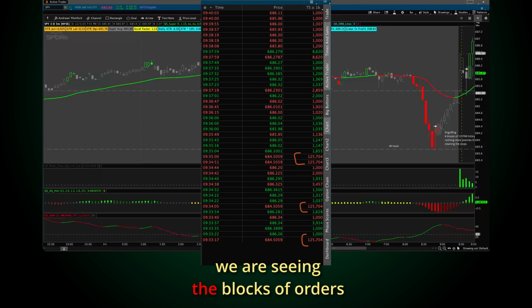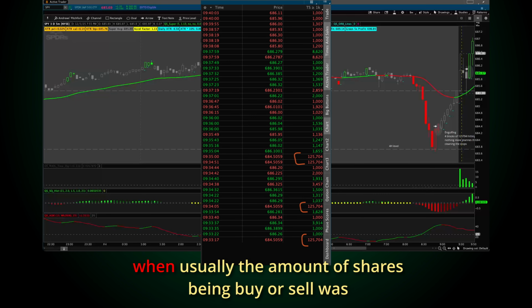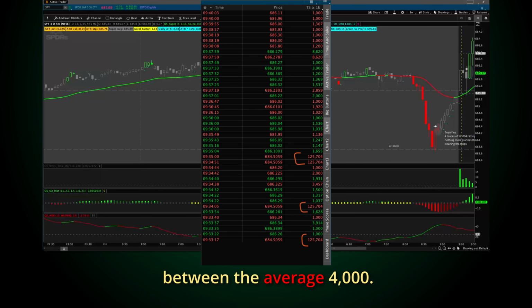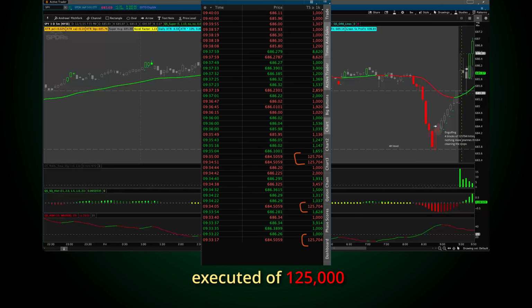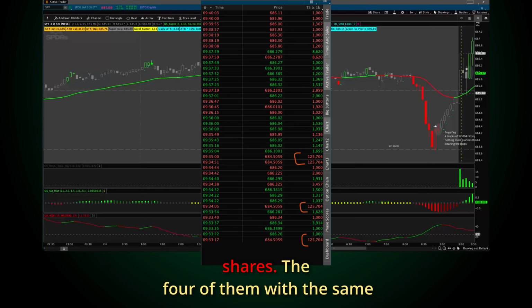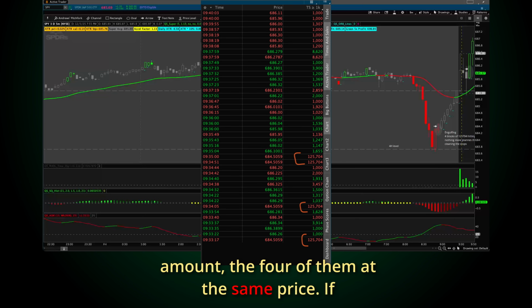We are seeing blocks of orders, when usually the amount of shares being bought or sold was on average 4,000. We saw 4 block orders executed of 125,000 shares, the 4 of them with the same amount, at the same price.